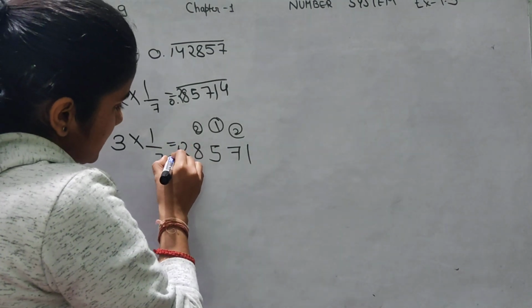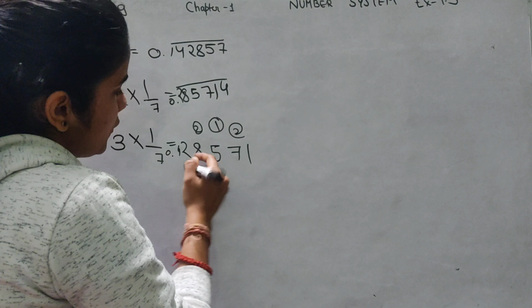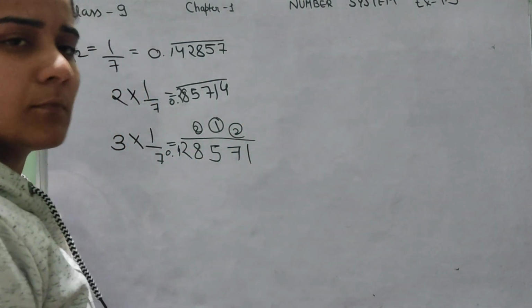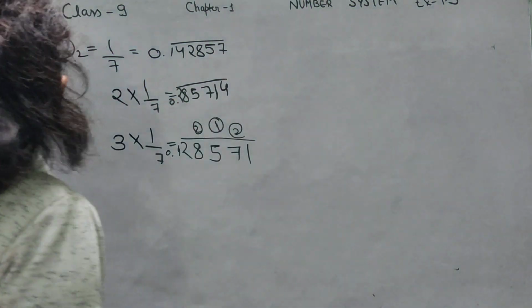So this is 0.42, this is 0.428571 bar. The rest you do by yourself.